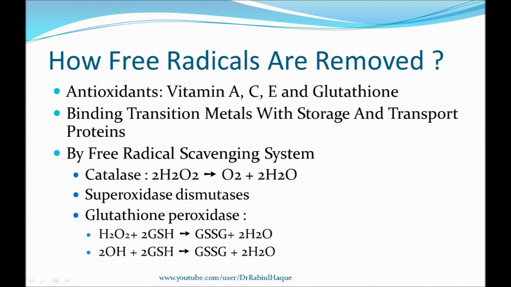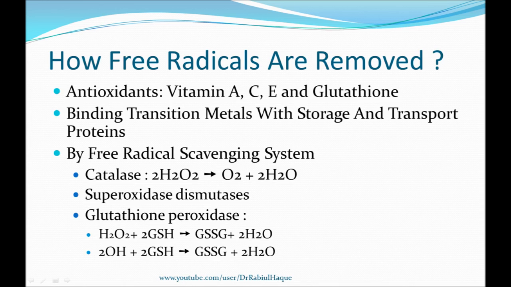Glutathione peroxidase also catalyzes free radical breakdown, and it does that by the following reactions. So these are the reactions of glutathione peroxidase, and you can see that we have reduced glutathione as well as oxidized glutathione seen in these reactions, and the ratio of oxidized glutathione to reduced glutathione is, as a matter of fact, a reflection of the oxidative state of the cell.